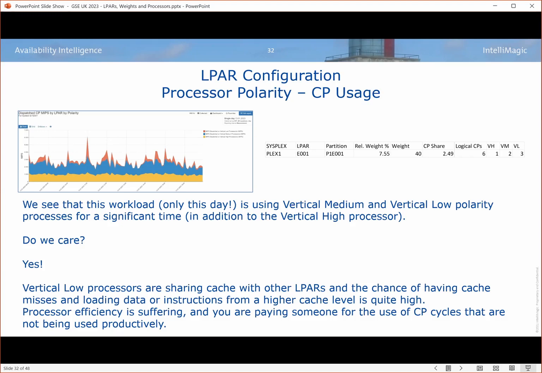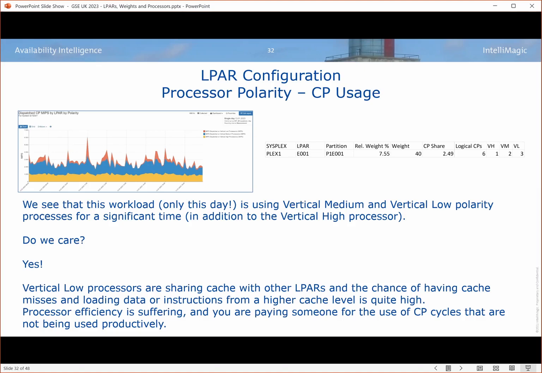And sometimes you want to look at only a portion of the day, your actual online workload, maybe from 8 until 5 p.m., not your batch workloads. It's important to define what you want to look at. In any case, for this particular example, we see that we actually are using quite a significant amount of vertical medium and vertical low processes, in addition to the vertical highs.